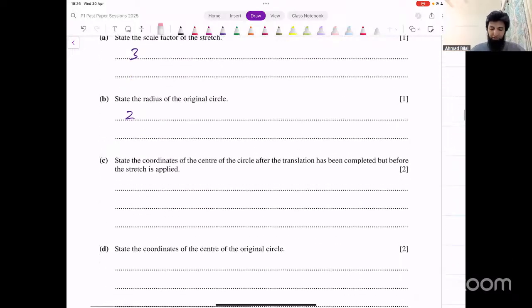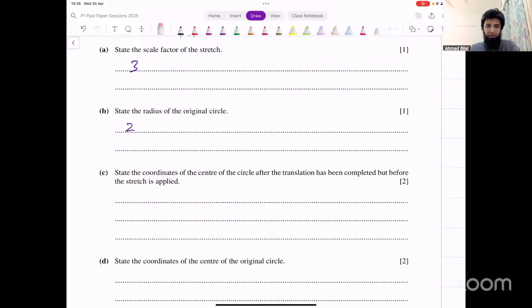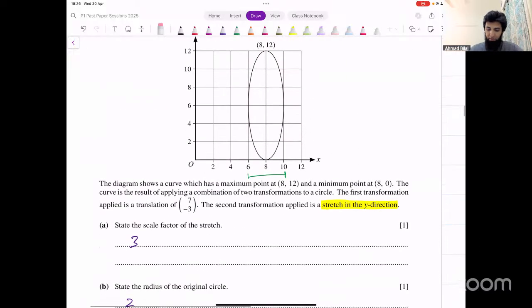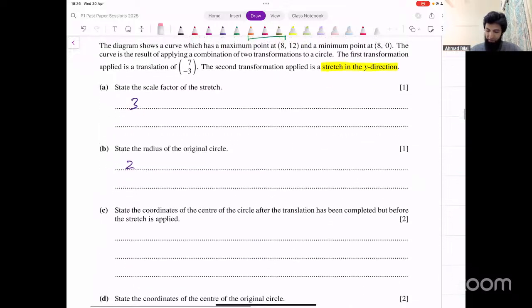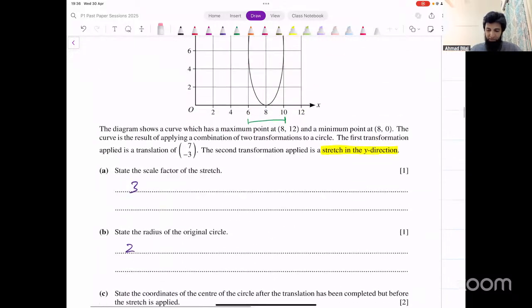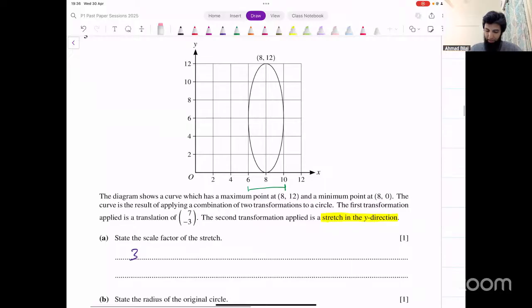Okay, so we figured out the radius as well. Now it says state the coordinates of the center of the circle after the translation has been completed, but before the stretch is applied. Okay, so what was happening first? What was happening first was translation, and then it is a stretch.